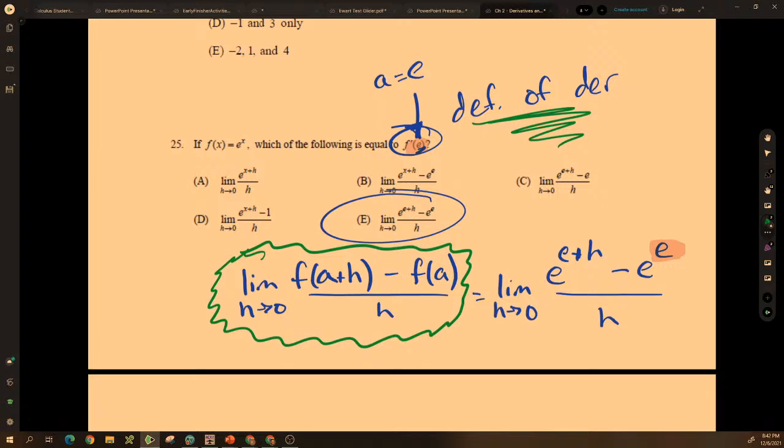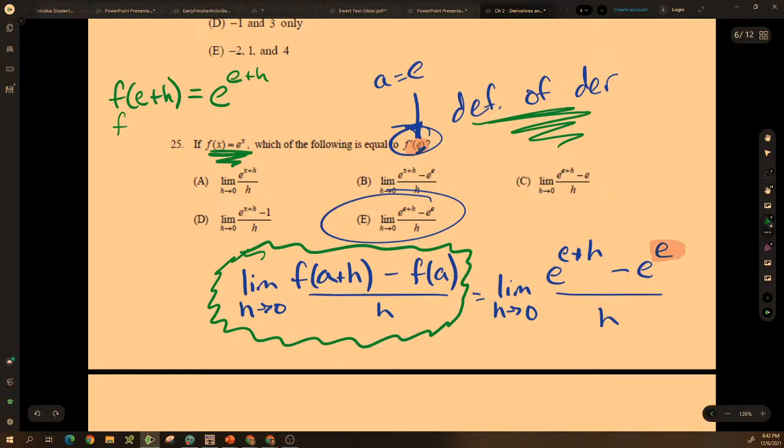So f of x is e to the x. So f of a plus h would be plugging in a plus h where we see x. So this is e to the a plus h. Now I don't want a in this case. My a is e. So let's change those a's to e's. So f of e plus h is going to be e to the power of e plus h.